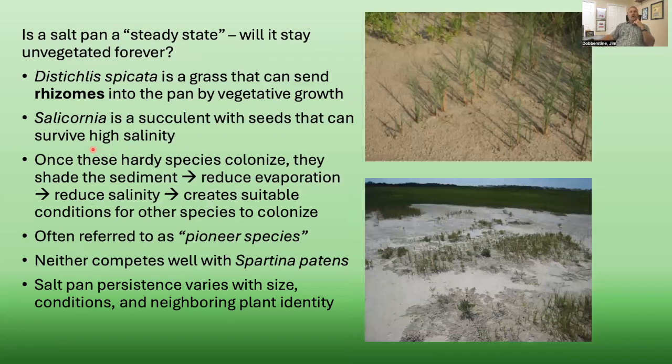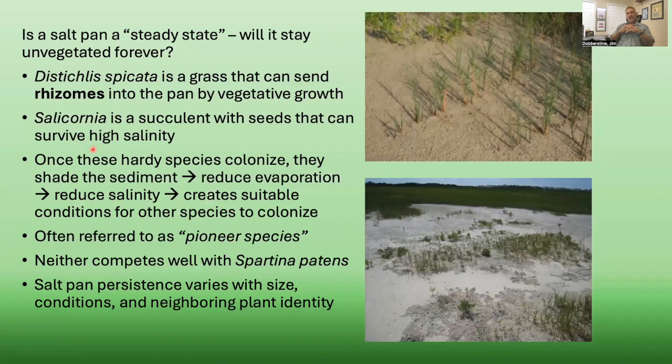Okay, so one question that comes up is, is a salt pan a steady state peak community function? In other words, is it going to stay unvegetated forever? Well, the answer is kind of yes and no. Generally, once you get that high buildup of salt in those soils, it's really hard for other plants to colonize that.